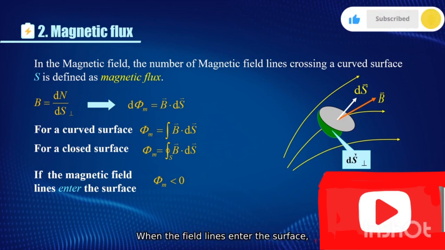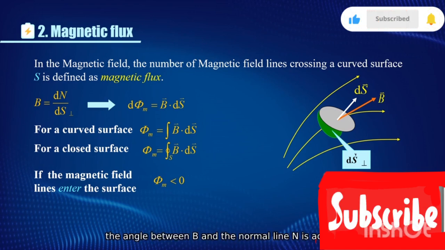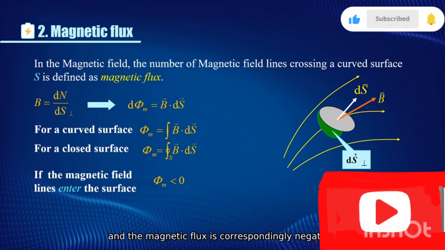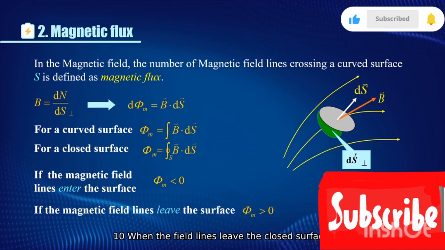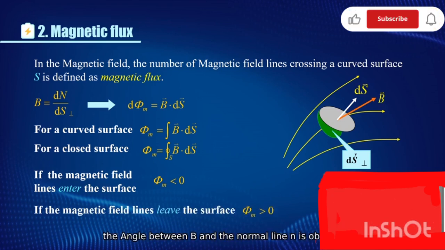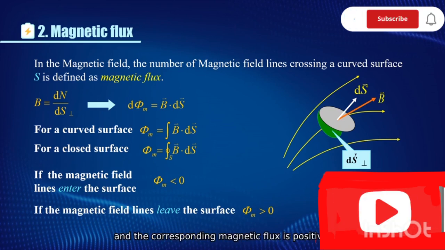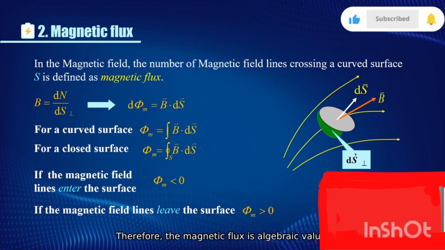When the field line enters the surface, the angle between B and the normal n is obtuse, and the magnetic flux is correspondingly negative. When the field line leaves the closed surface, the angle between B and the normal n is acute, and the corresponding magnetic flux is positive. Therefore, the magnetic flux is a signed value.